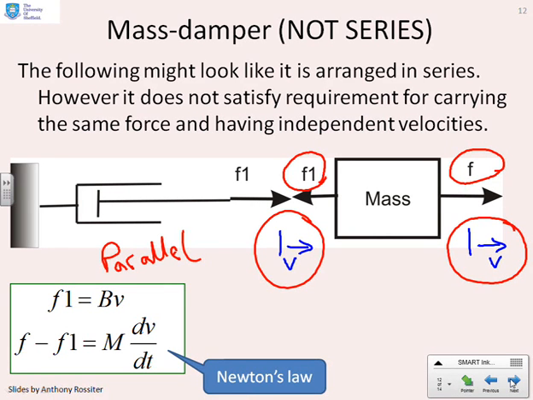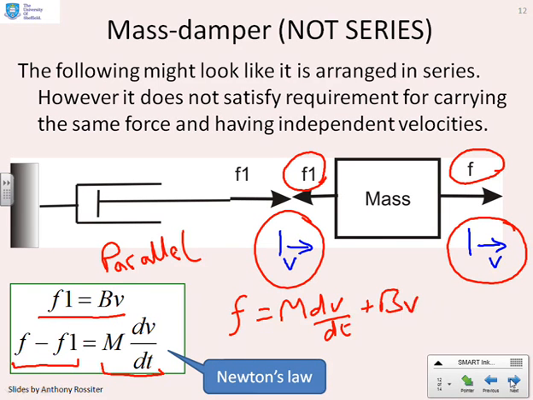And if you look at the two equations at the bottom, F1 equals bv for the damper, F minus F1 equals m dv/dt for the mass, then what do you get? F equals m dv/dt plus bv, and this is the same equation as the ones we got earlier for a simple parallel arrangement. So something that looks different may in fact be equivalent to a parallel arrangement and give you a simple first order model.